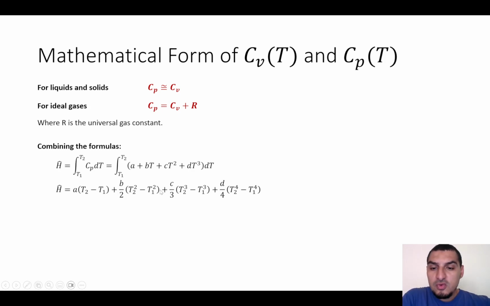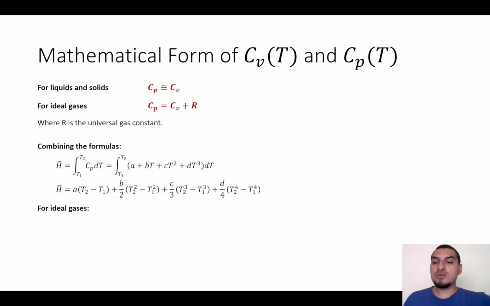You don't say (T2 minus T1) power 2. The power is not on the bracket. The power is on each one of these two temperatures. This is a very important thing. You don't raise the power of the bracket; you raise the power of each one of the two terms separately.